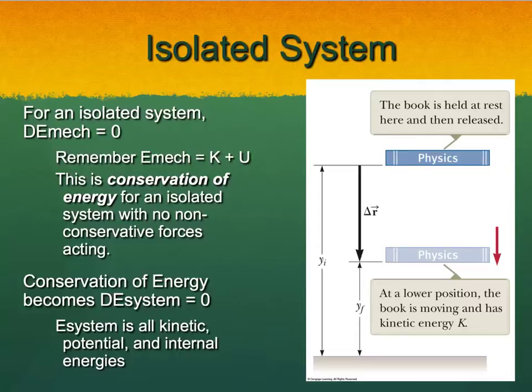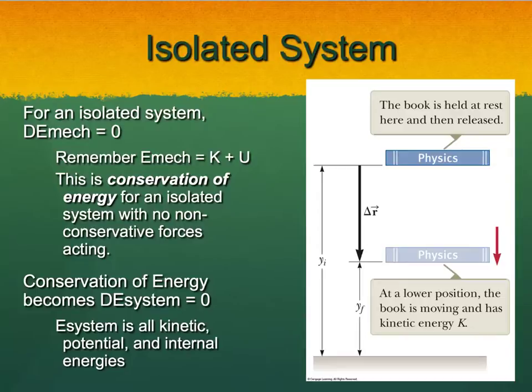So let's just review a little bit the two types of systems that we talked about. We have the non-isolated system, and then we also have an isolated system. A non-isolated system is where we can have energy crossing over the system boundary, and that can happen in a variety of ways.